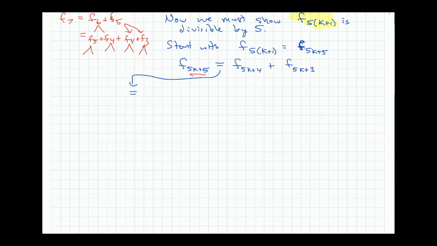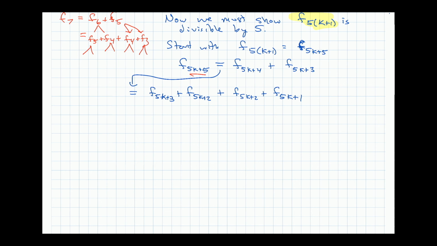Now let's split up the 5k plus 4. f5k plus 4 is going to split into f5k plus 3 plus f5k plus 2. Then you've got this one, f5k plus 3. That one's going to split up into f5k plus 2 plus f5k plus 1.